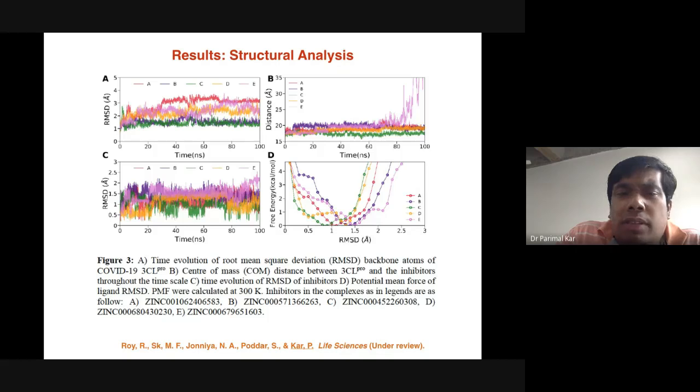Then C corresponds to the RMSD of the ligand, showing how much they are fluctuating, and D corresponds to the free energy of the ligand. Basically, you can plot the RMSD as a one-dimensional potential of mean force, PMF, and convert it to energy by using the formula minus RT ln P, where P is the probability of occurrence of a particular conformation.